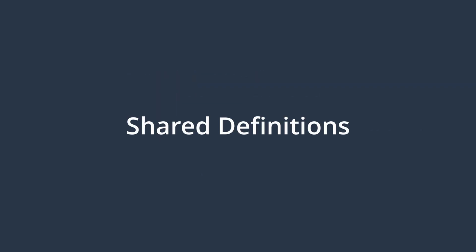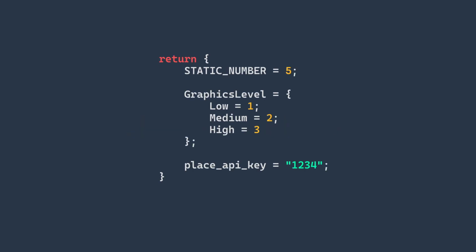Next, we have shared interface or definition modules. These define shared constants, enums, keys, or contracts used across systems. So remote names, item types, round states, action names, or attribute keys. Think of it as your way to be able to make custom enum files.